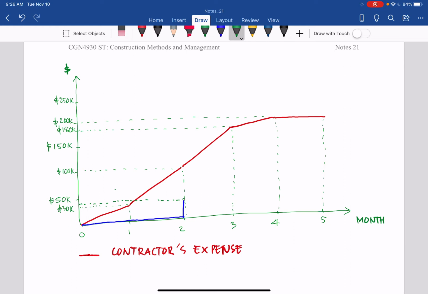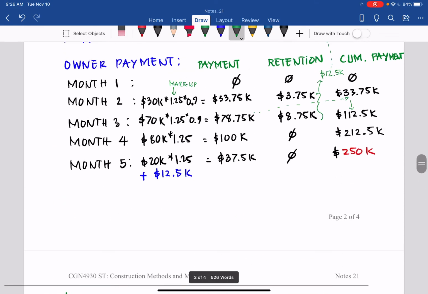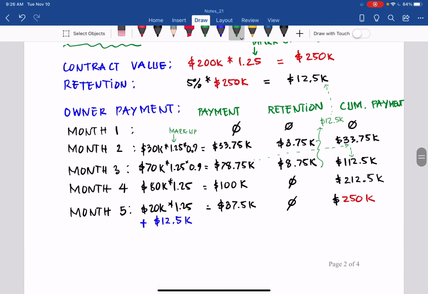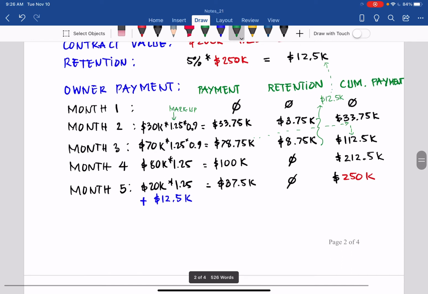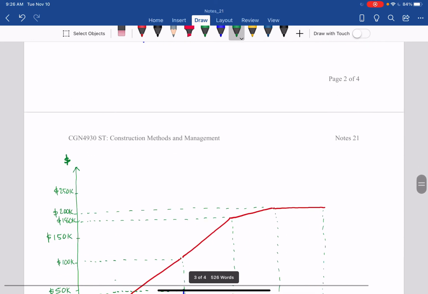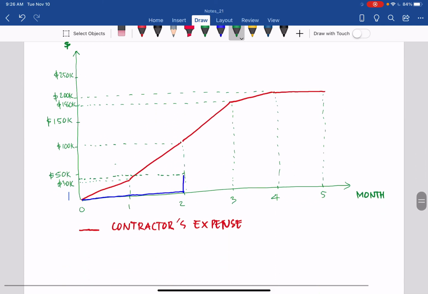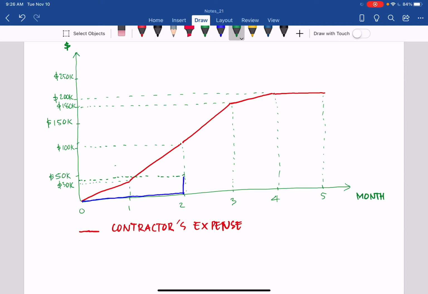And then we have the cumulative for the second month, 112,500. So here we have 112,500. And unlike the contractor who spends gradually, this is just one payment, so it will jump like a ladder, as you can see there.